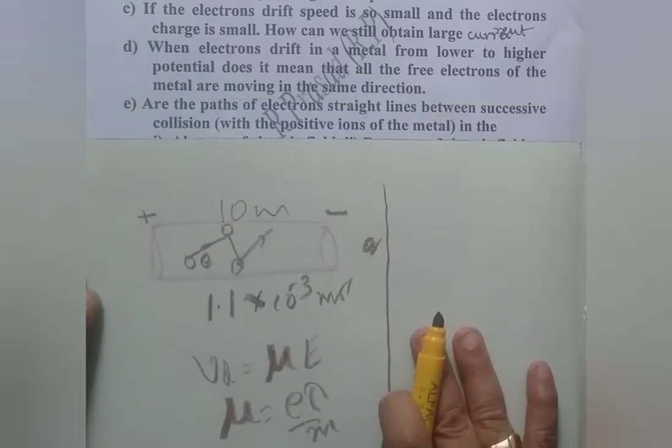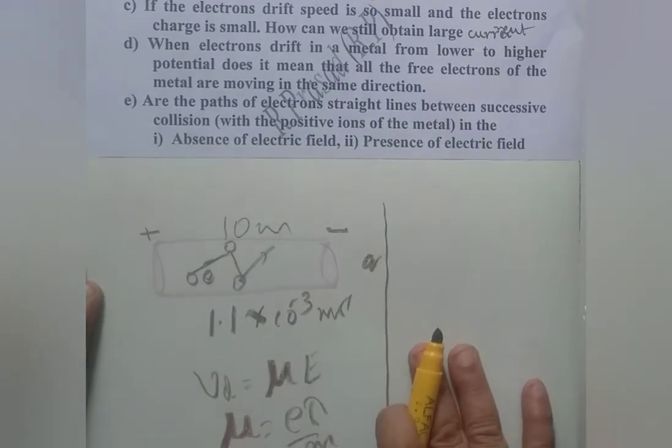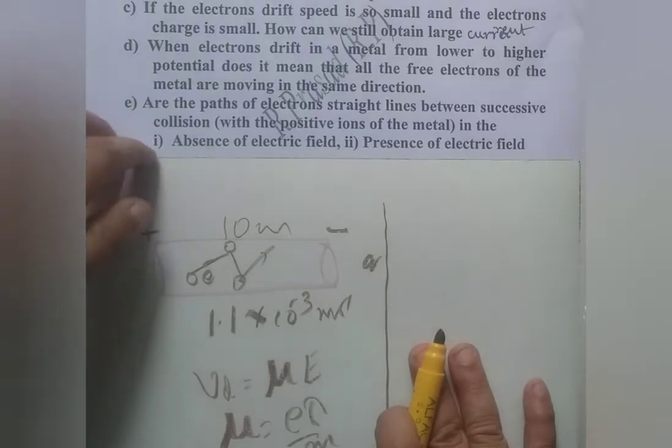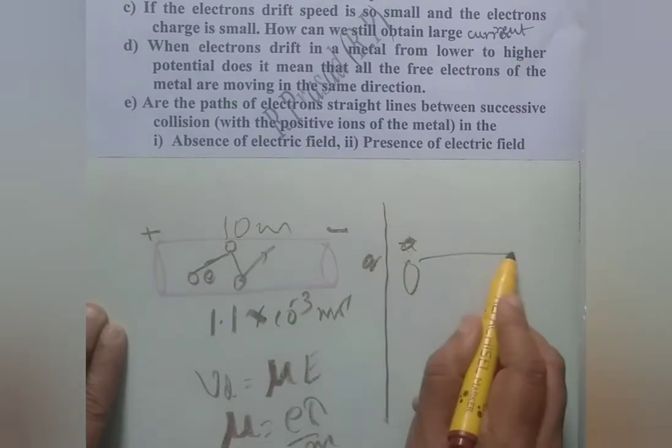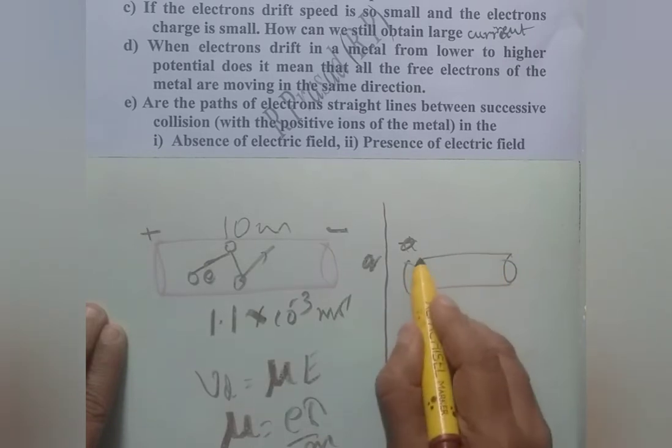So we go for question E. Are the paths of electrons straight lines between successive collisions? In fact, in this question, say we take a conductor without an electric field.